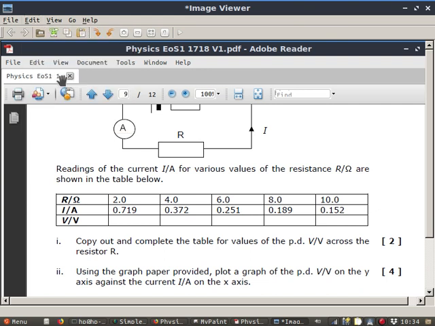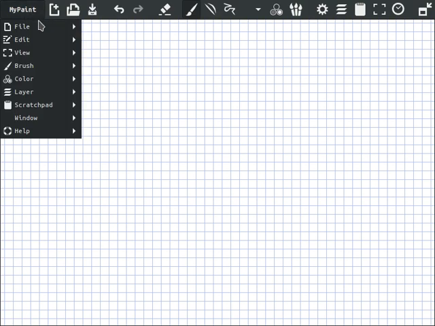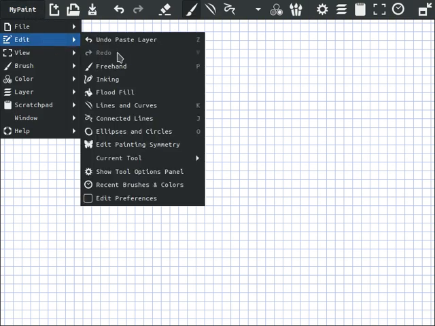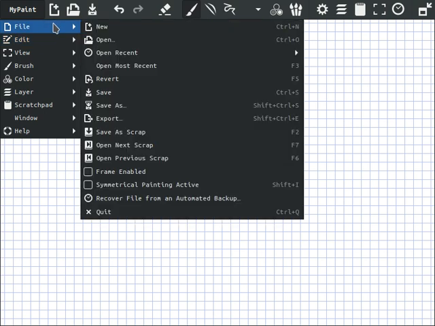Why does this program not have a paste function?